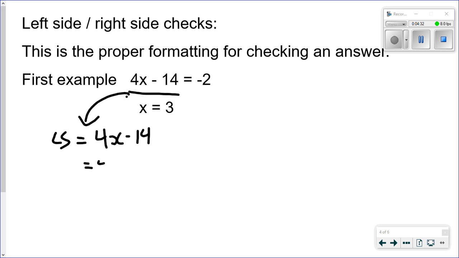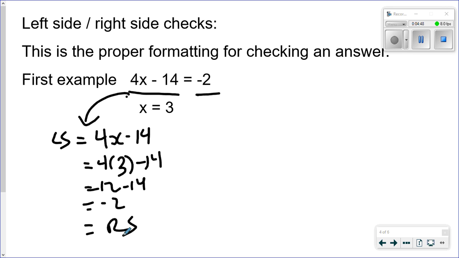I want to see the substitution. And in this case, the right side is only negative 2. So since there's no math to do on the right side, and our answers match up, we have negative 2. Once we sub in x equals 3, and we have negative 2 on the right side, our equations are good.